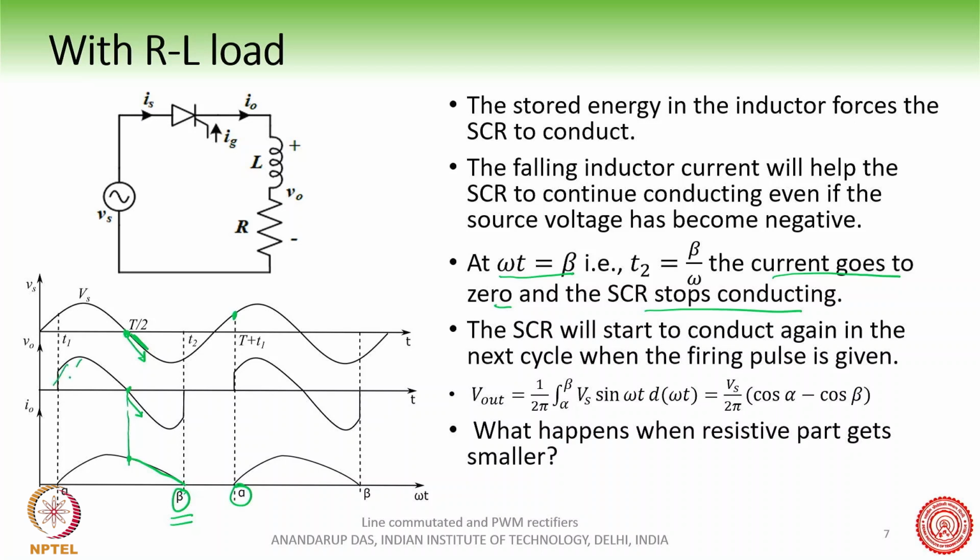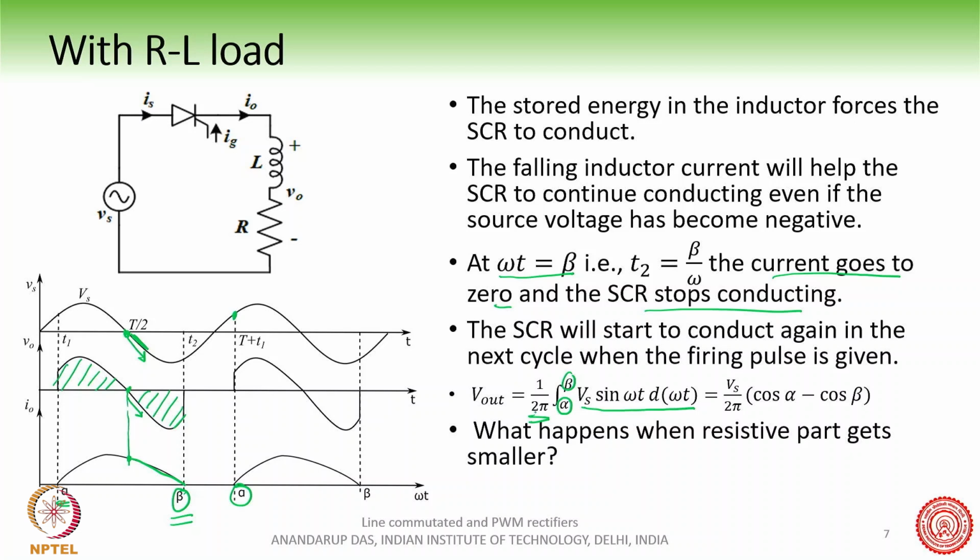So we can now find the average output voltage by averaging this waveform. The total time period is of course 2 pi like before, and we average from alpha to beta. We start at alpha and end at beta, and the output voltage waveform has the expression Vs sine theta d theta.